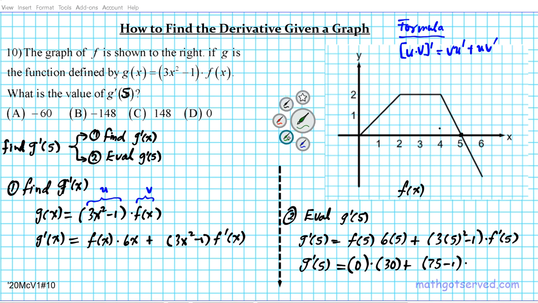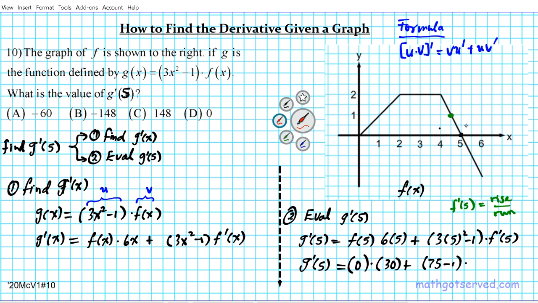To find f prime of 5, we're simply going to use algebra. We're just going to look for two lattice points that can easily help us evaluate the rise over run. I like to pick this point right here. This is a nice little lattice point, and this is another one right here. You do rise over run.